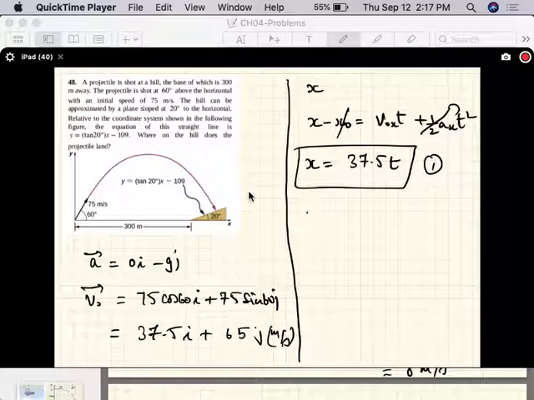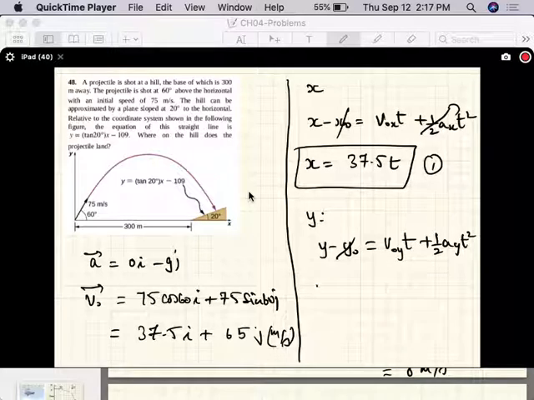The y component of the motion is y minus y naught equals v naught y t plus 1/2 a y t squared. That is 0. y is 65t, and this is minus 9.8, so that's minus 4.9 t squared.